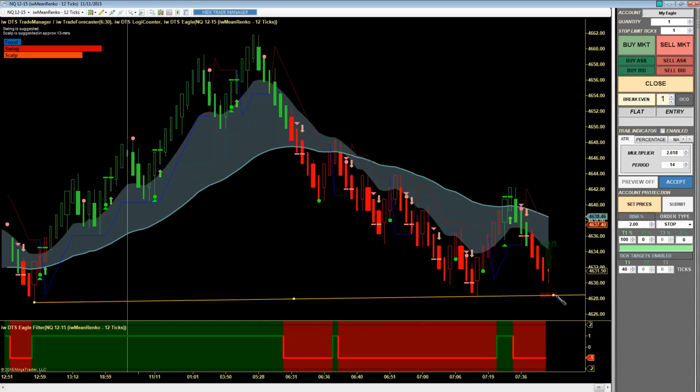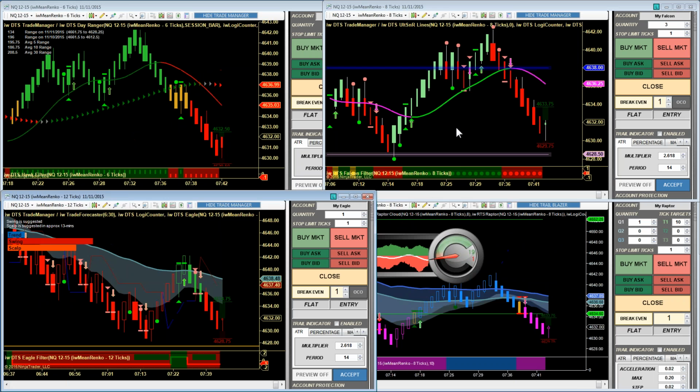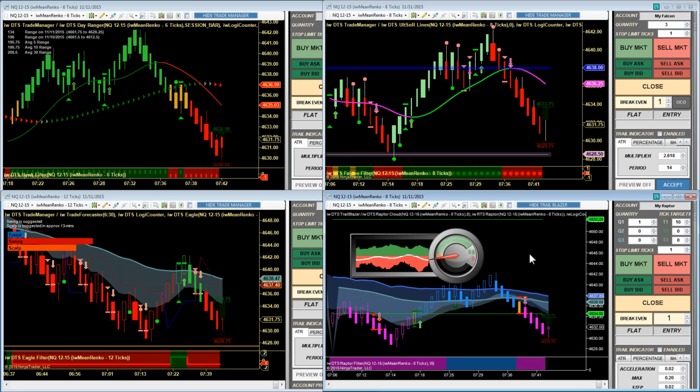If we shoot a trend line across here, you can see where there's a potential for the market to find some support. All right, well, we'll put that back on the shelf, see if we can't get a clean signal develop here before the end of the session.